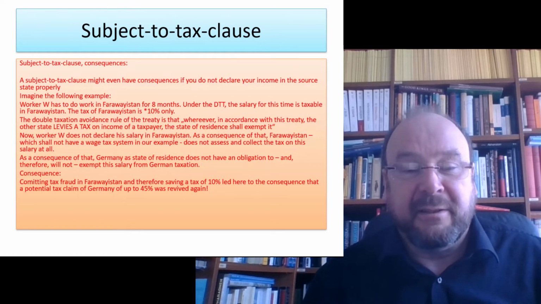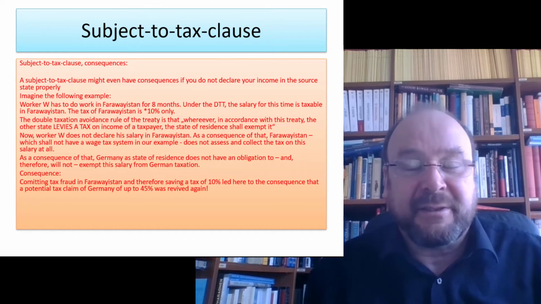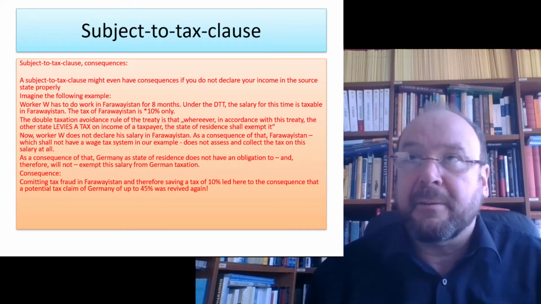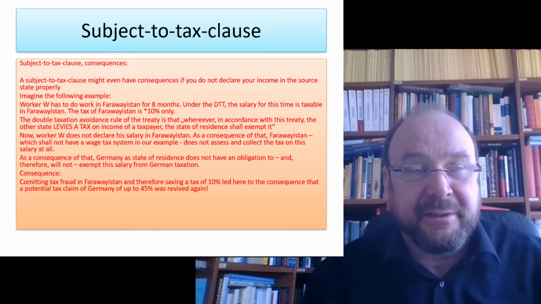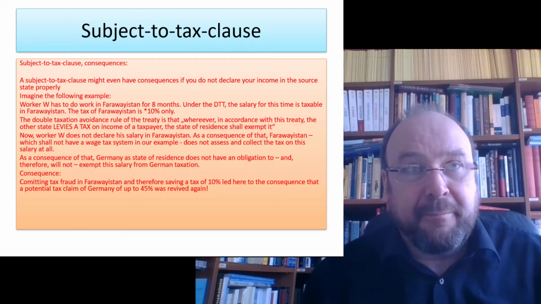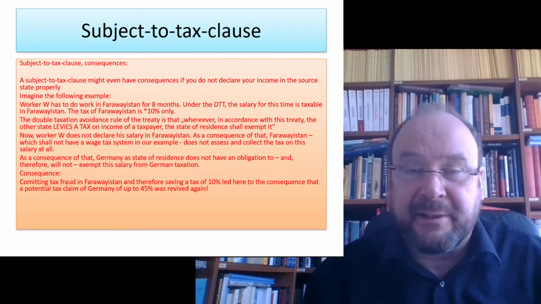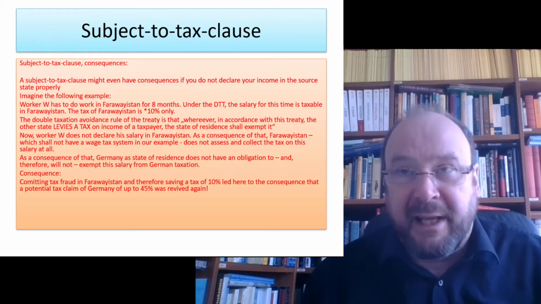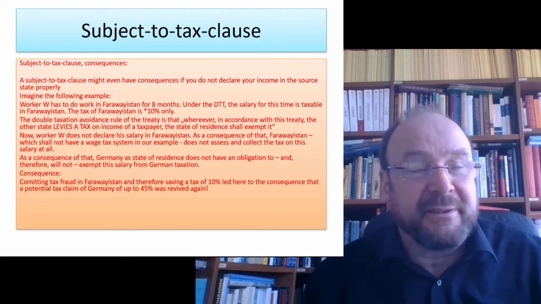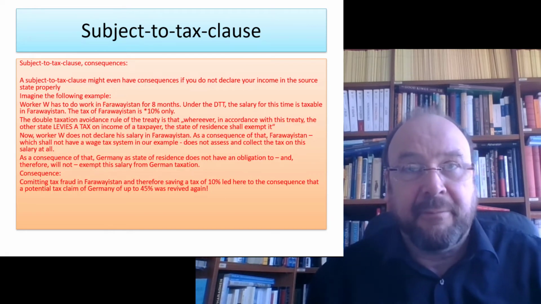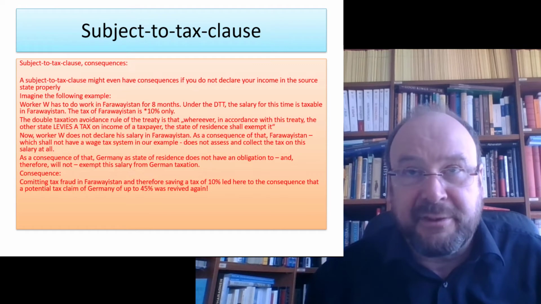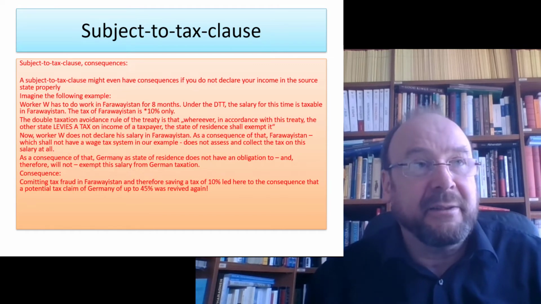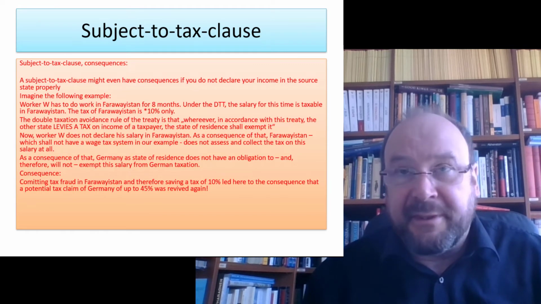It would even mean that if your tax fraud committed with regard to your salary in the source state has already passed all the assessment period deadlines, so that the tax there can no longer be collected, then the Germans are happy and say, okay, here you committed tax fraud too, so now we can demand the tax still.